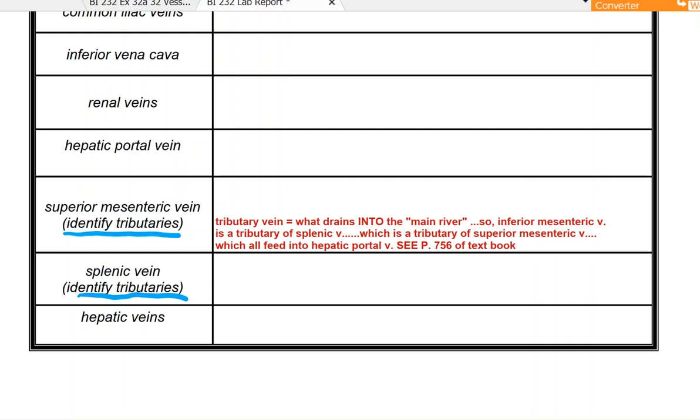So the splenic vein is a tributary of the superior mesenteric vein, and the inferior mesenteric vein is a tributary of the splenic vein. Please see page 756 in your textbook. It does a nice job of explaining that. And then all of these things feed into the hepatic portal vein that takes that dirty blood from your gut into your liver to be filtered before it goes back to the heart.